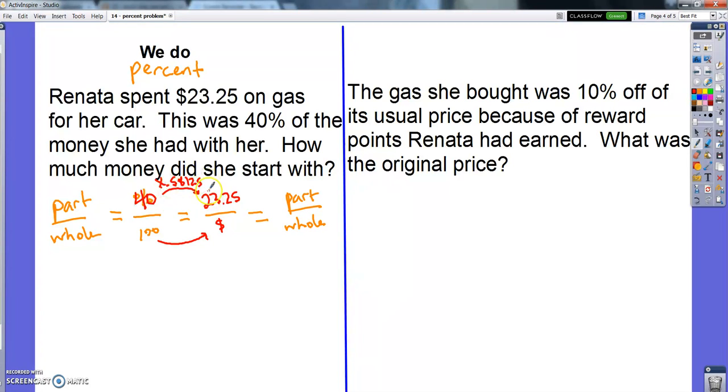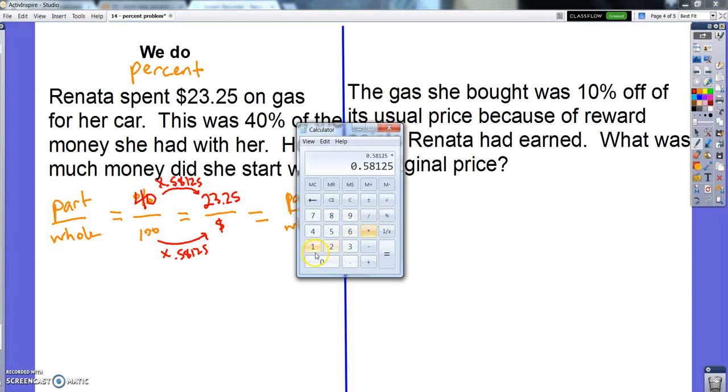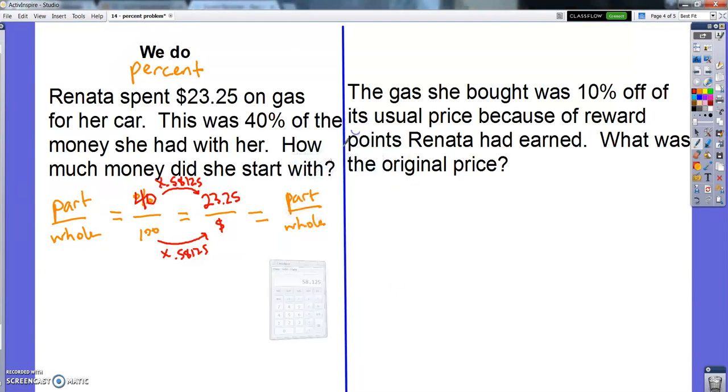Should be small, right? Because I'm multiplying, I have less over here than over there. So I'm multiplying by a decimal, 58.125 times 100. So it looks like she started with $58.12 or 13 cents. Let's say 12. So she had 58.12 or 58.13, depending on how you want to round it.